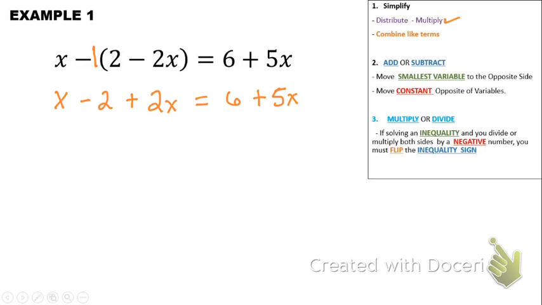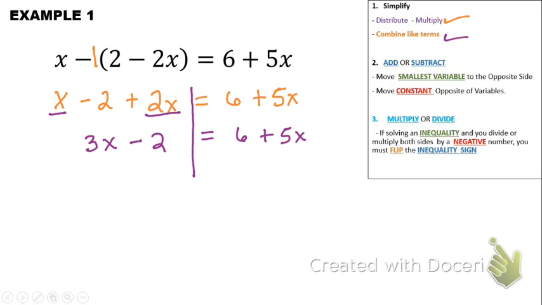Now we're going to combine like terms. On the left hand side, we have 2x and x, which will make a total of 3x. And then I'm just going to bring my negative 2 down, and there you go. So we are done simplifying.